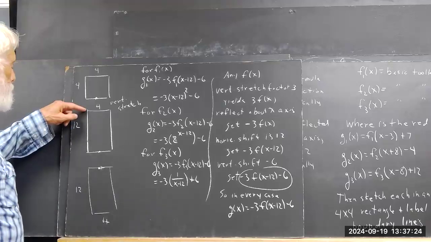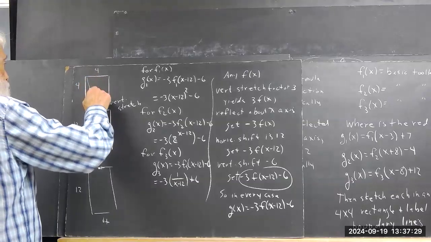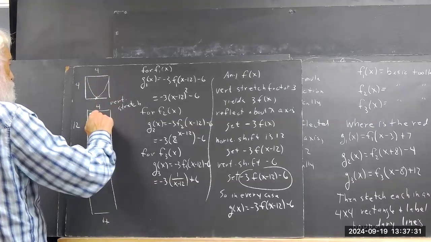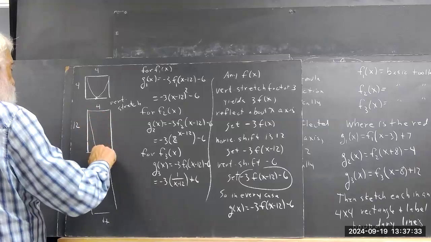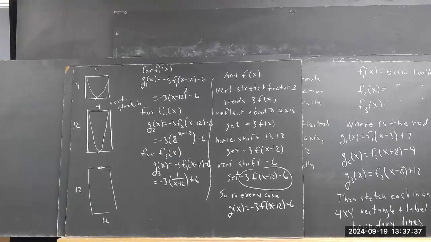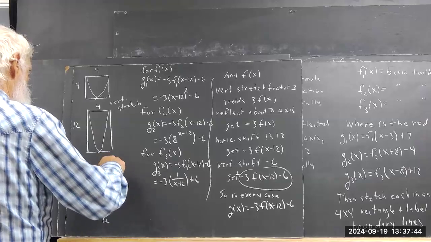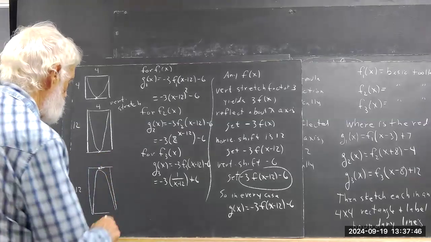Of course, the upper corner becomes the lower corner. Now, if we are doing the squaring function, the graph's going to look like this. The square graph is just going to be stretched out, get skinnier. Okay? Didn't draw that very well. And here, we can just do everything upside down.